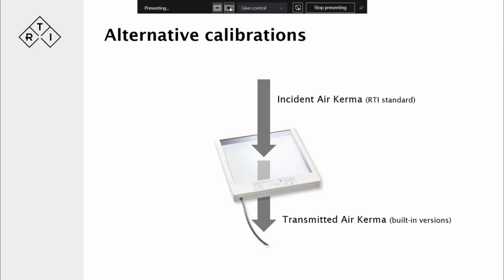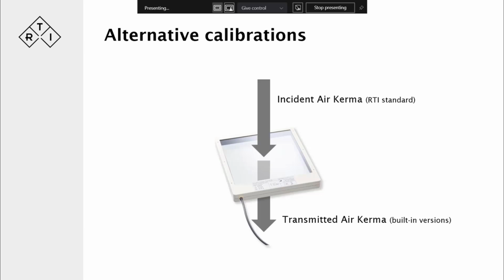It's the incident air kerma minus whatever attenuation we get from the DAP chamber itself. And that calibration is typically used in built-in DAP chambers, which are built into the X-ray machine, into the collimator, to measure the radiation produced from an X-ray tube.